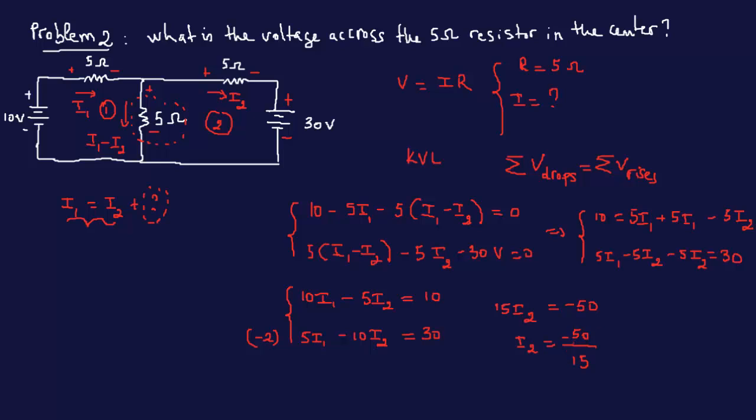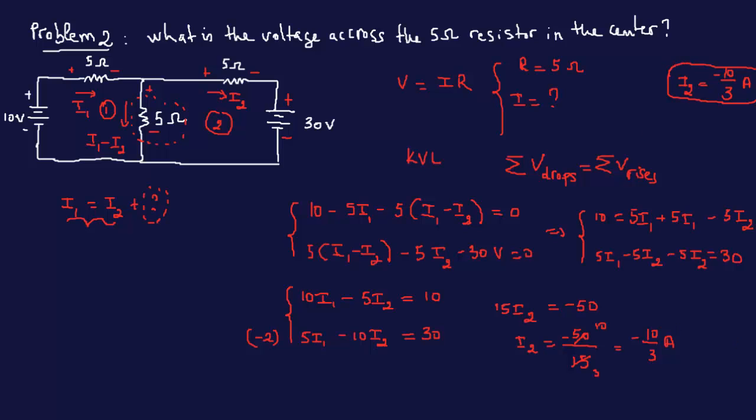So this is 5 times 10, this is a 3. So this is minus 10 over 3 amp. Okay, so I2 is minus 10 over 3 amp. Right, so now we go ahead and find I1.